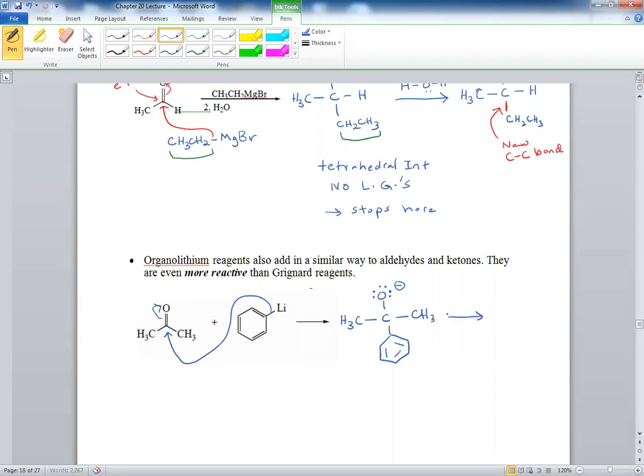And then, of course, with H2O, we know that it becomes protonated. There are no leaving groups here. Get in the habit of recognizing whether you have leaving groups or not.